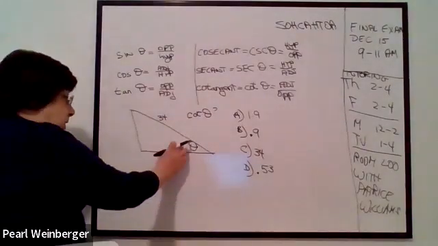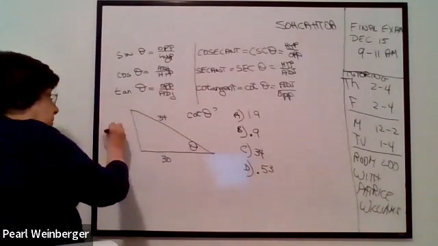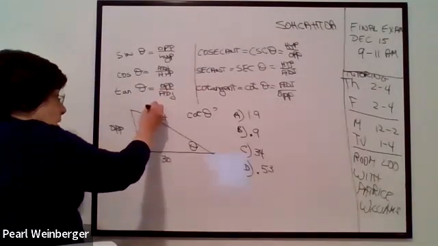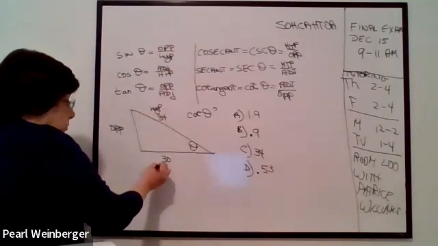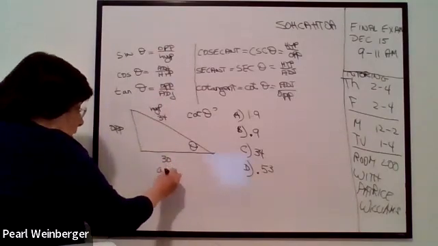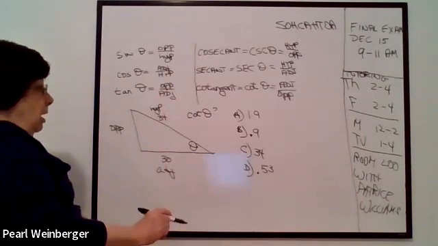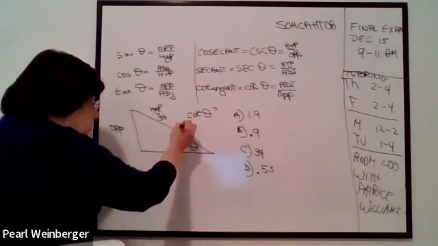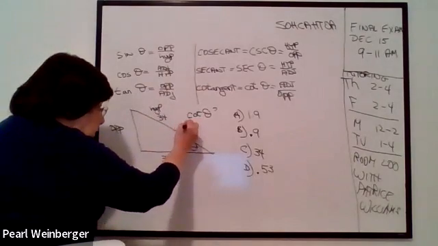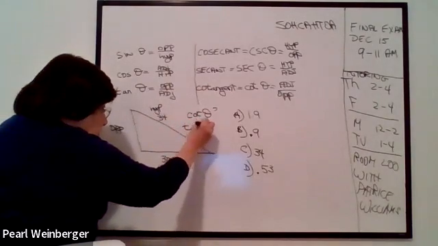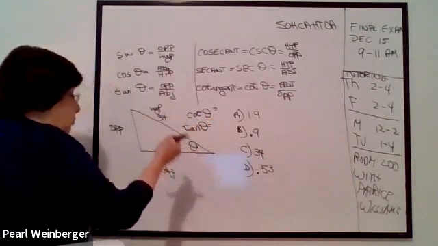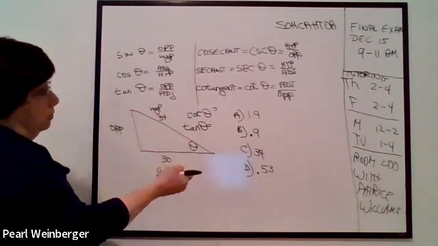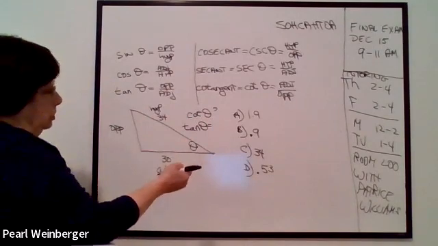So here's my theta, here's my opposite side, here's my hypotenuse, and here, of course, is my adjacent. And the cotangent is the reciprocal of the tangent. So I'm going to figure out what the tangent of theta is, and then I'll flip it over and that'll give me the cotangent.